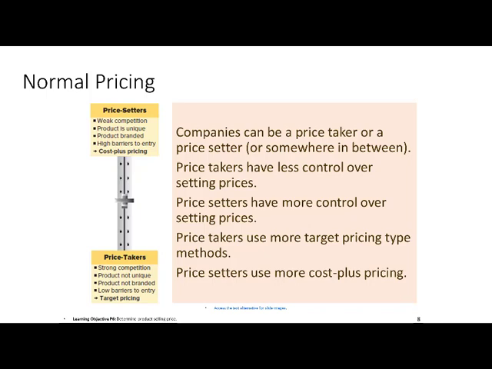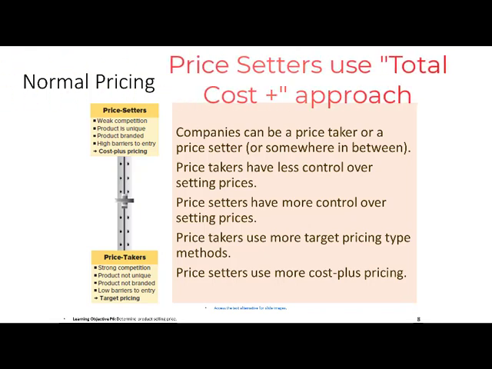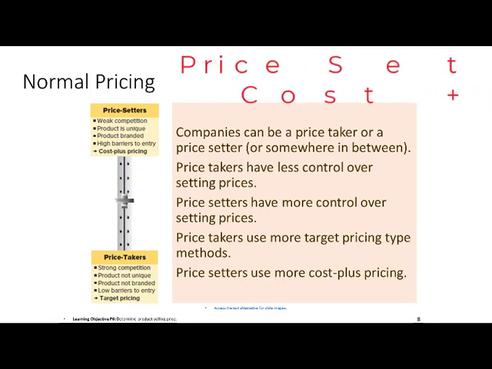Total cost methods are often used by companies that are price setters. That means there's weak competition, the product is somewhat unique or branded, and there are high barriers to entry. These companies can use a cost-plus approach.